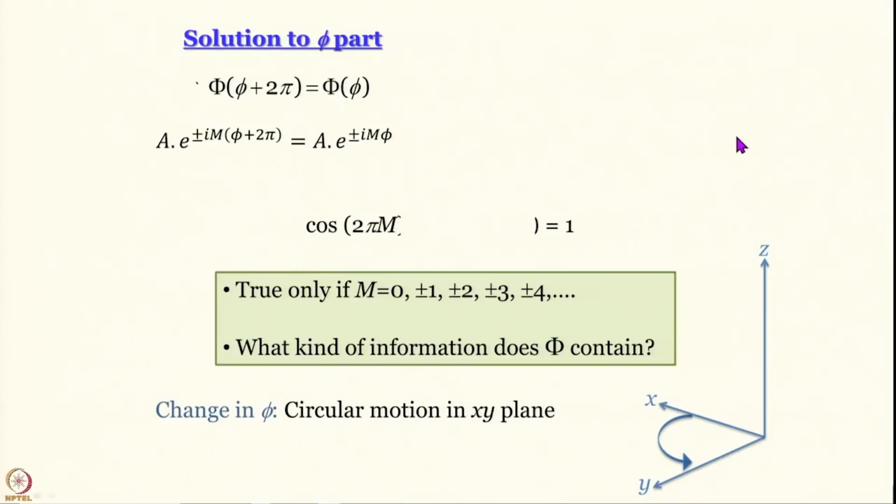This is called Lz or z component of the angular momentum. So, since phi is associated with circular motion in xy plane, the information it might contain is the information about the z component of angular momentum, right.